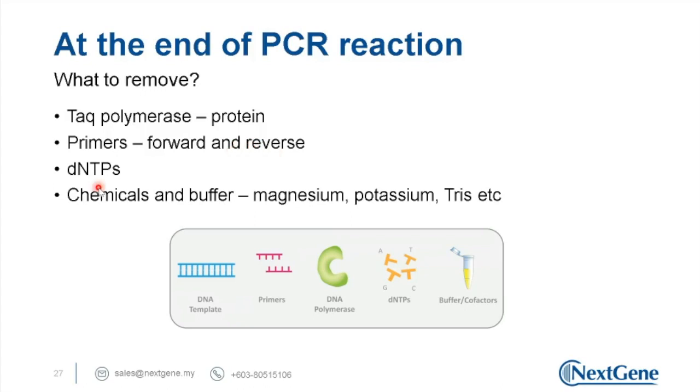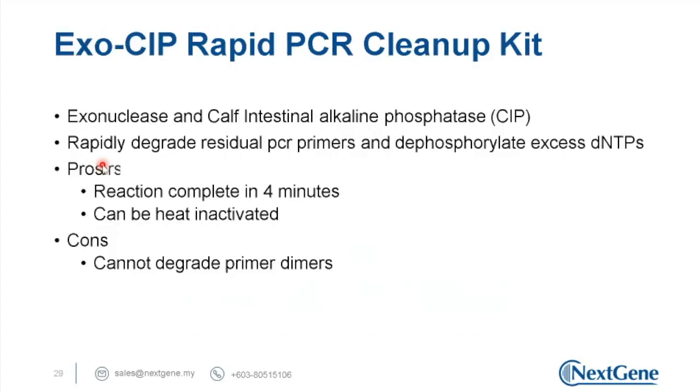And then for the dNTPs, we remove the phosphate group so that they cannot become the substrate of the extension event. The good thing about the ExoCIP kit is that the reaction will complete in just 4 minutes, so very fast, and it can be heat inactivated.